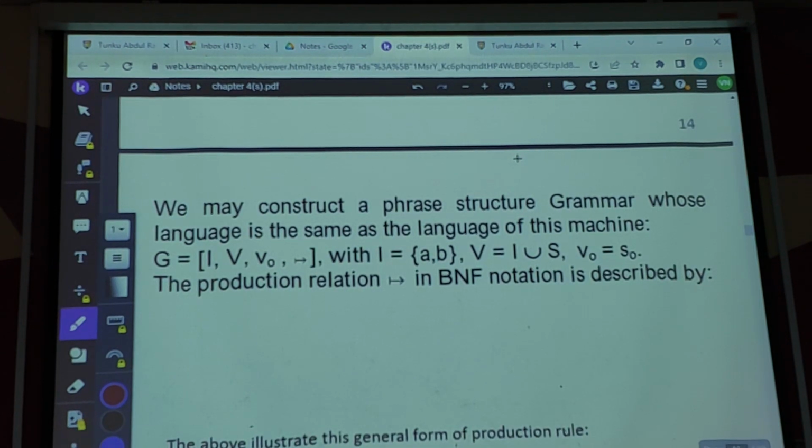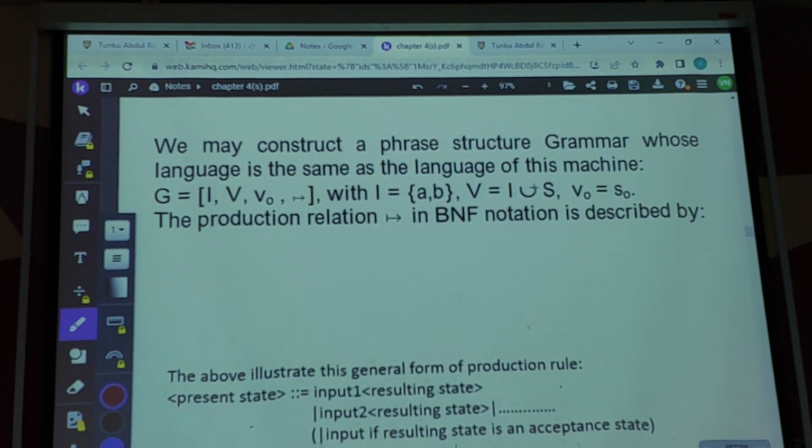Now we will try to write this in BNF notation, where the non-terminals we put in brackets. So here we will start with V0.